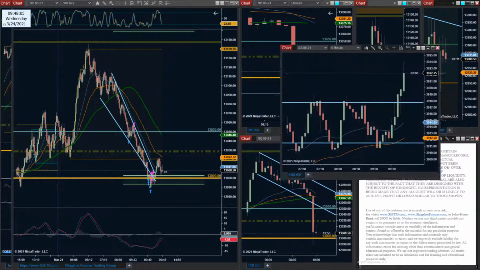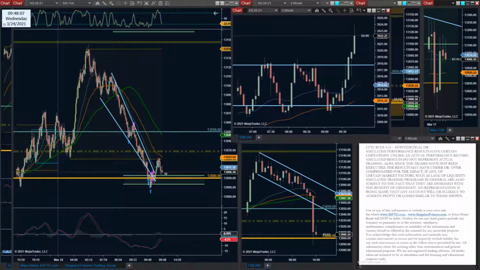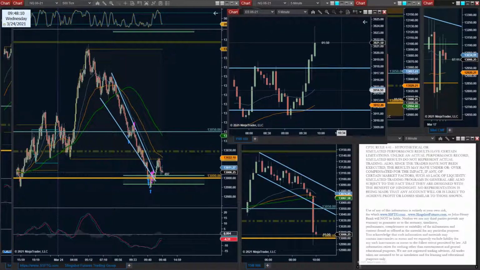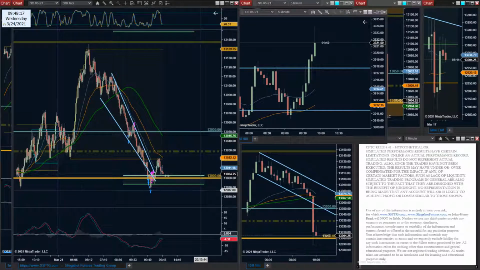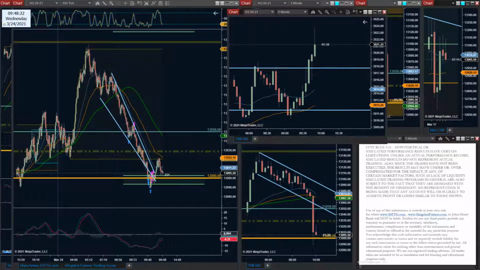While we're waiting for everything else, we do also have the S&P, which is trying to get something going to the upside. It's totally disregarding what the Nasdaq's doing. Nasdaq's coming under pressure. The S&P's trying to ramp it back to the upside.